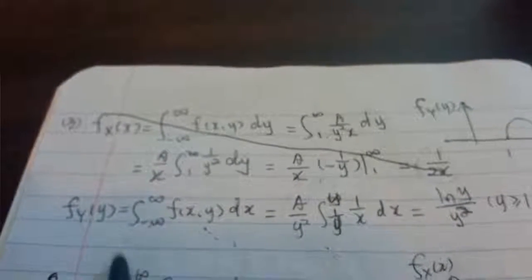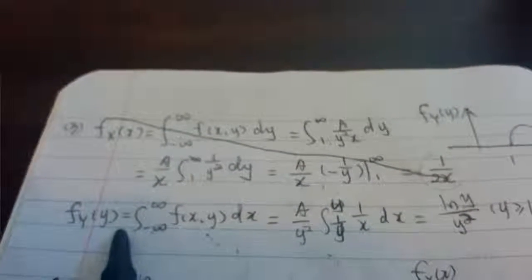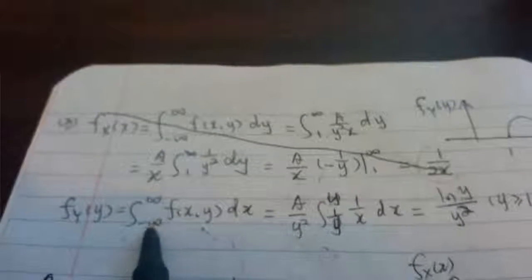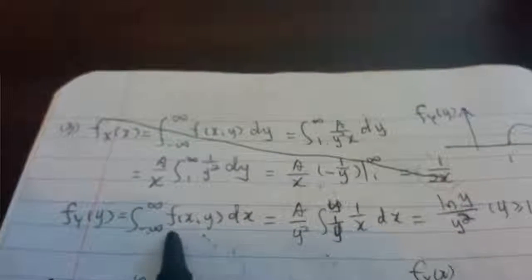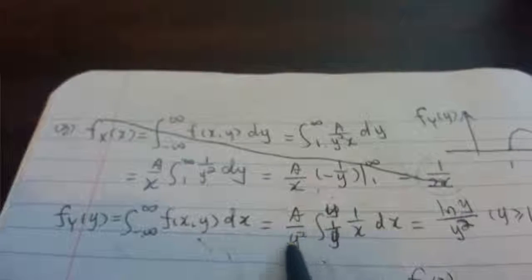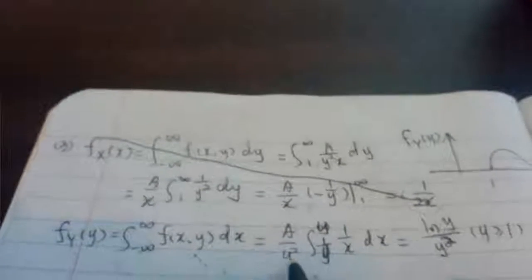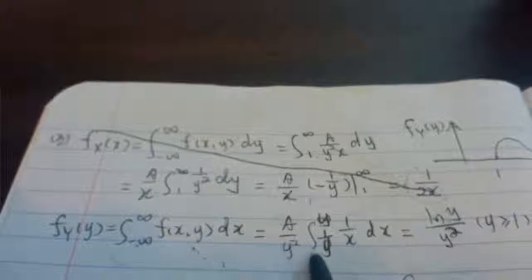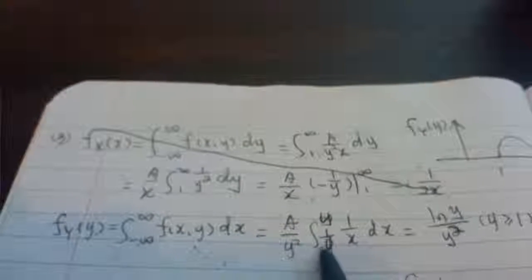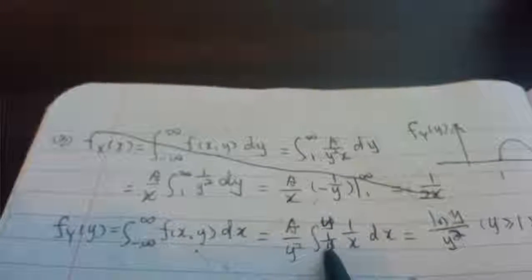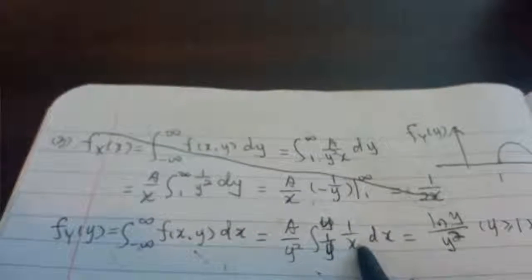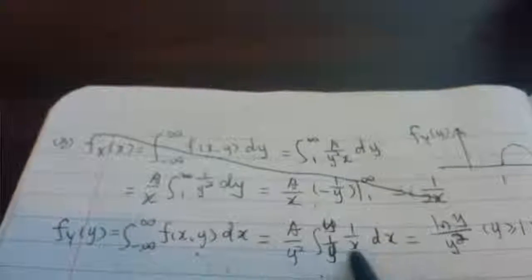Then we find f_Y of y. The integral is from 1 over y to y, and we integrate x.